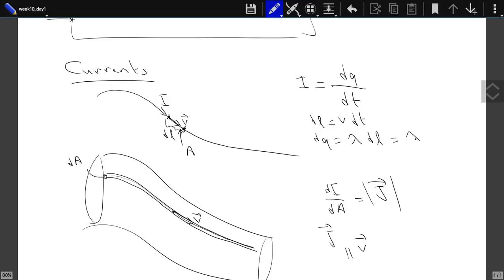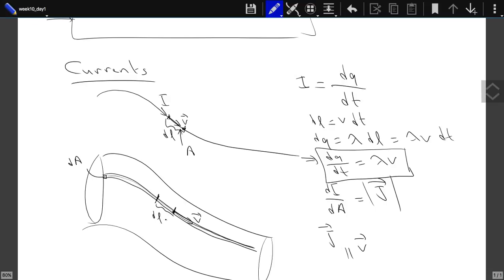So dq is nothing but lambda v times dt, and hence dq by dt is lambda times v. Well, we can just repeat the analysis for this problem. Just take a very small length here.